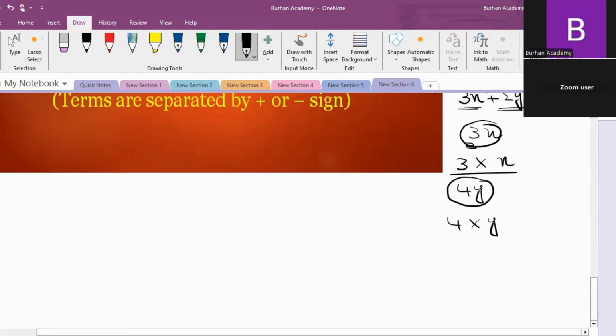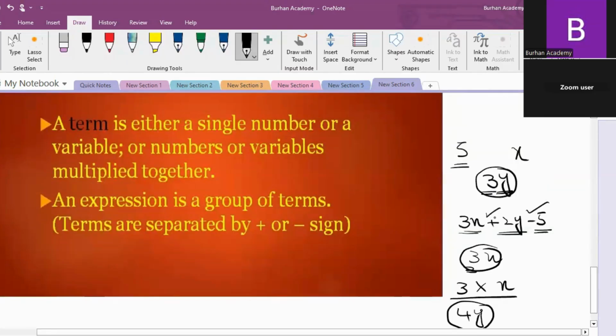They are not two terms. 4 multiplied by y is 4y, a single term. Terms are separated by the operator plus or minus. Here 3 is being multiplied by x, and in this case 2 is being multiplied by y. 3x is a single term, 2y is a second term, and minus 5 is a third term.